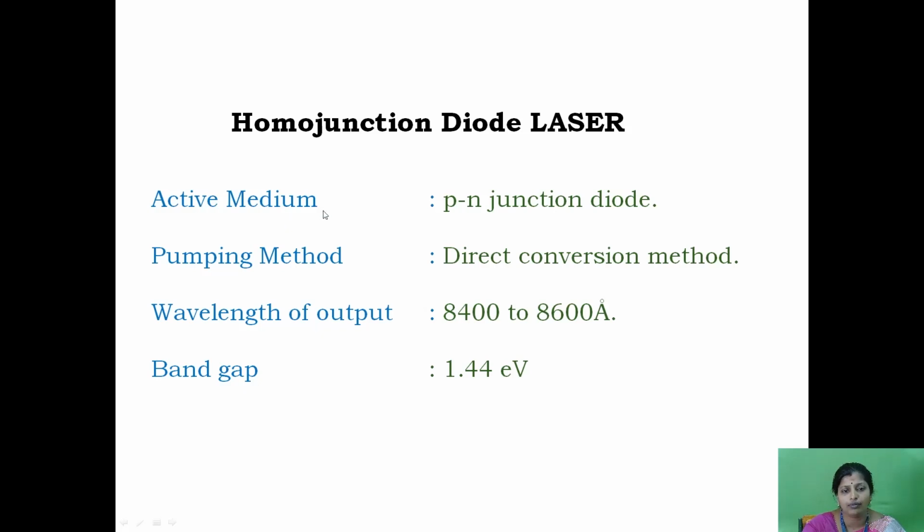First is the active medium. The active medium is a PN junction diode, with gallium in the P region and arsenide in the N region. The junction materials are doped. Second is the pumping method. There are four pumping methods; the one applied here is the direct conversion method, in which electrical energy is converted to light energy. Third is the wavelength of the output.